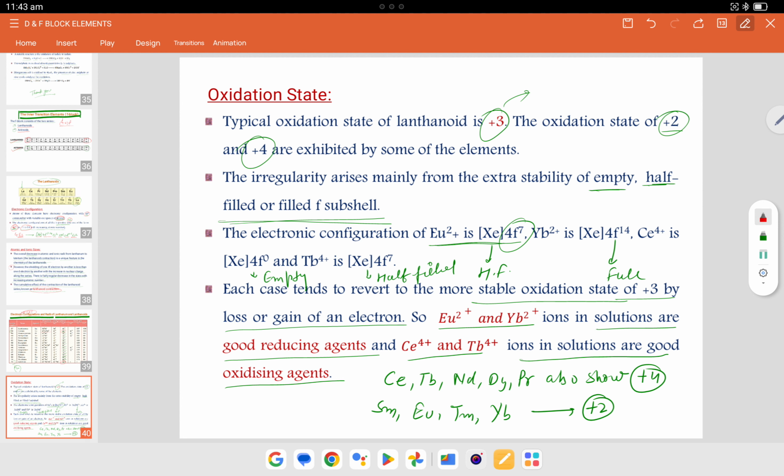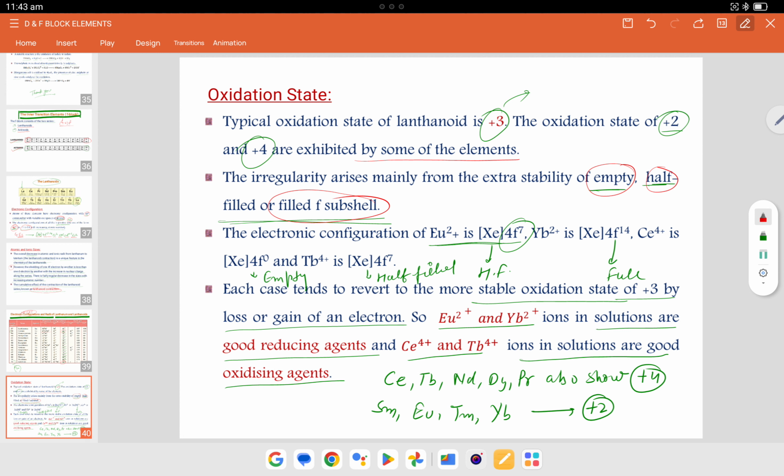Oxidation state. The typical oxidation state of lanthanoids is +3, children. The oxidation states +2 and +4 are exhibited by some of the elements. The irregularities arise mainly from the extra stability of empty, half-filled or full-filled f subshell. The electronic configuration of Eu2+ is half-filled, Yb2+ full-filled, Ce4+ empty, Tb4+ half-filled.